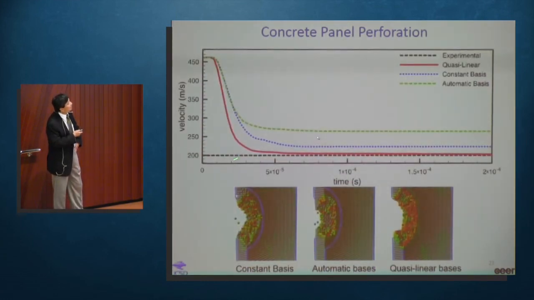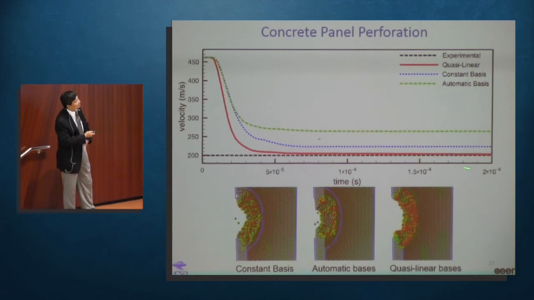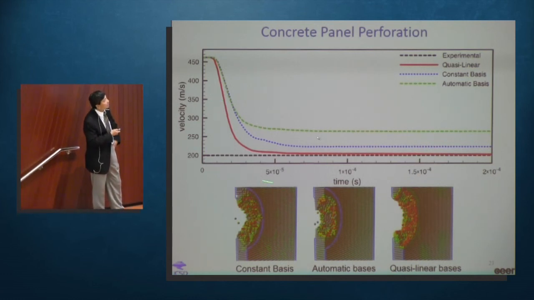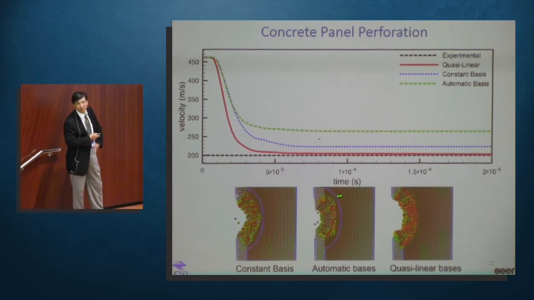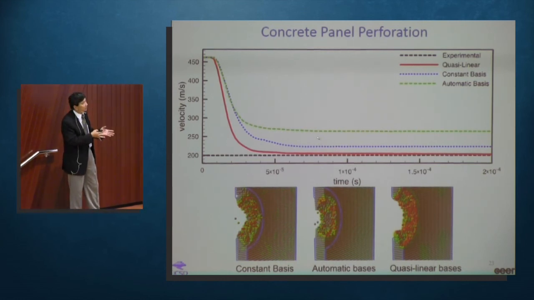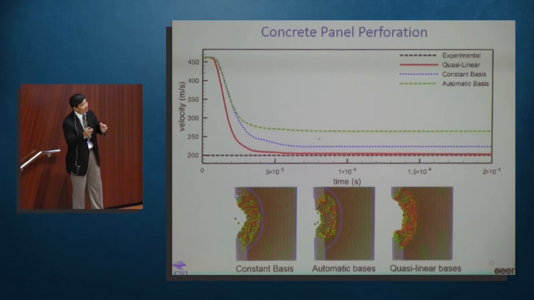This is the exit velocity, you can see, with constant basis, automatic change basis, and then quasi-linear reproducing kernel approximation. It agrees very well. We also compare the crater size, because that's really what matters here in this computation, not so much the fragmented materials, but the damage in the solid. This blue line is the experimentally measured crater size.